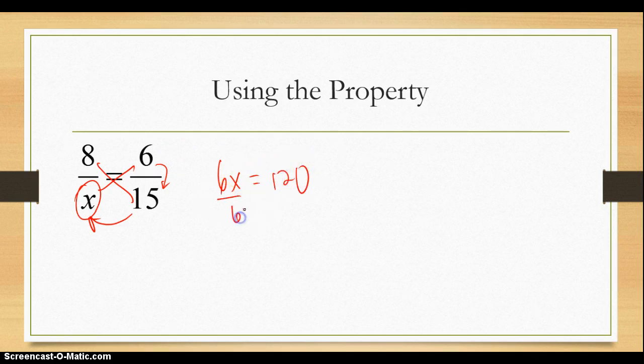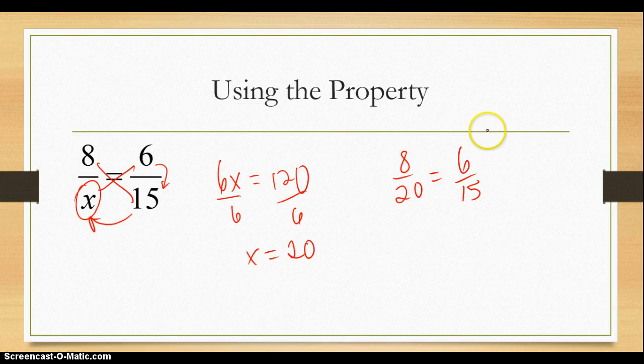So divide by 6, x equals 20. So we can write it as x over 20 equals 6 over 15. Again, earlier in class somebody gave an example of, can we just reduce?